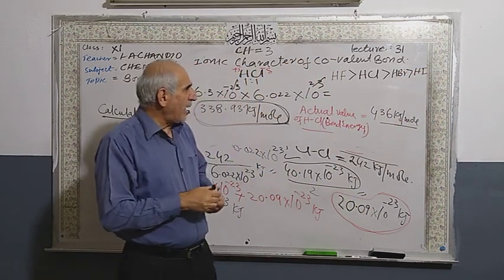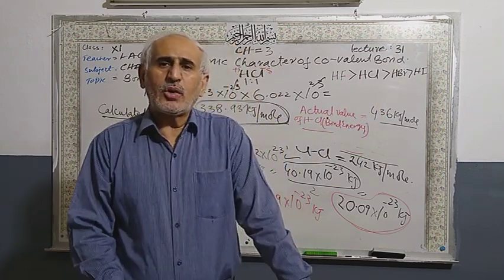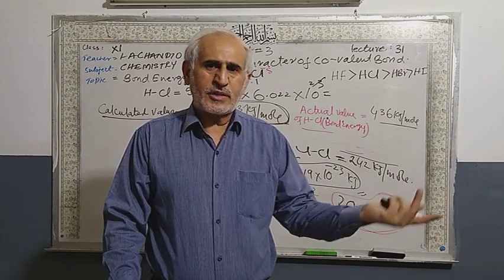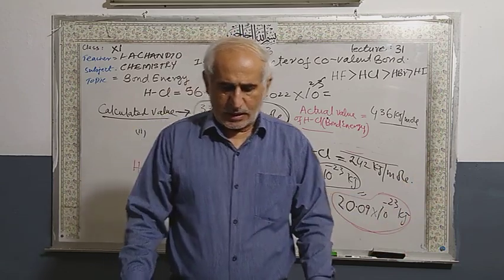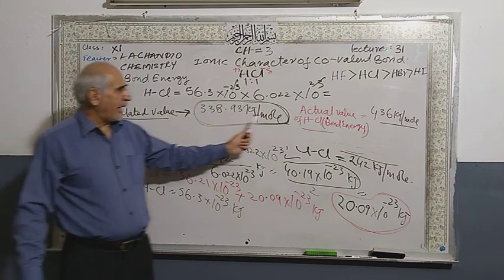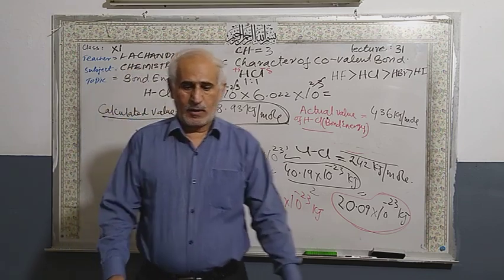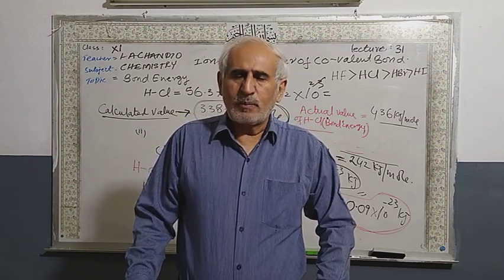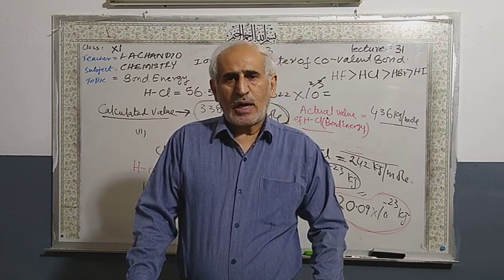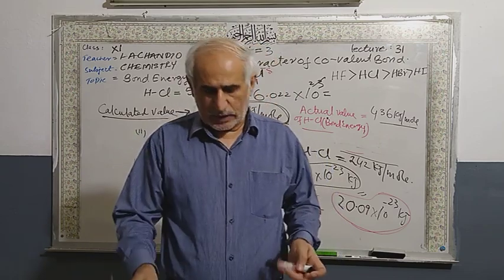So hydrogen iodide has the least ionic character and hydrogen fluoride the highest ionic character, by seeing the difference of electronegativities in the previous table I told you, and by using the comparison of the bond energies, calculated and observed or actual experimental values. So dear students, this is about the bond energy and how it affects the polarity of molecules. The higher the bond energy, the higher the polarity, and the higher the ionic character of the covalent molecule.